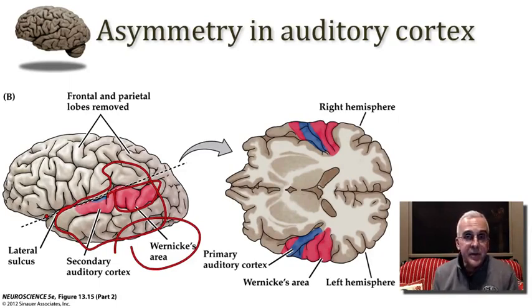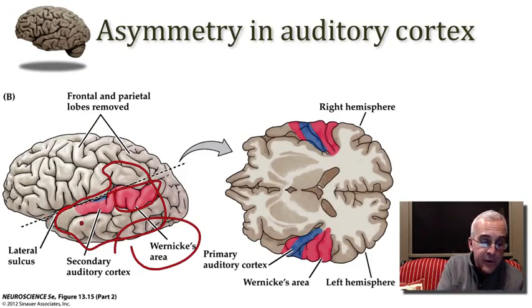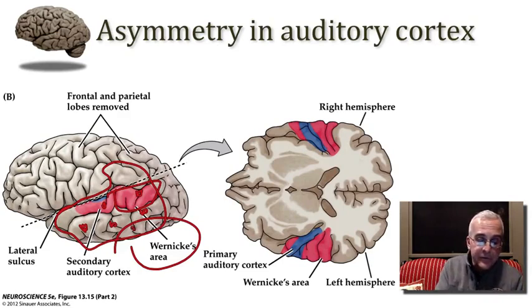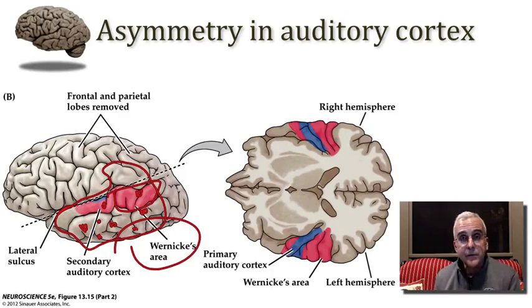Now, that's not to say that all of this cortex is Wernicke's area, but rather there may be key nodes in a lateral temporal network that are critical for understanding human speech. The job of the neurosurgeon is to identify these key nodes and do his or her very best to avoid damaging them in the course of neurosurgery.